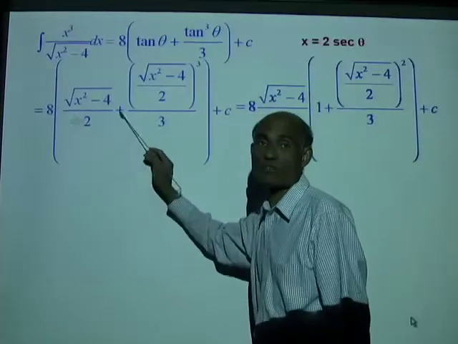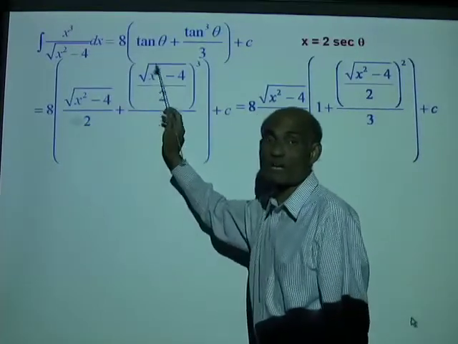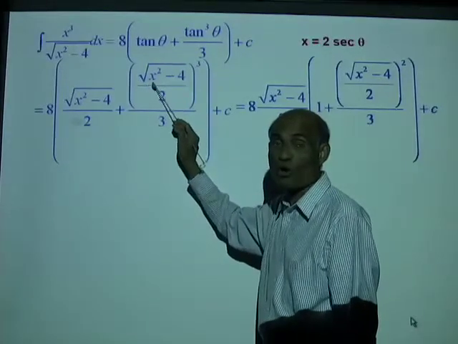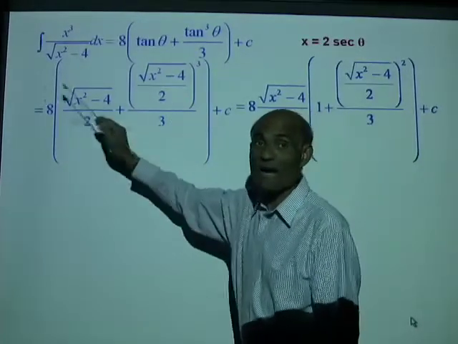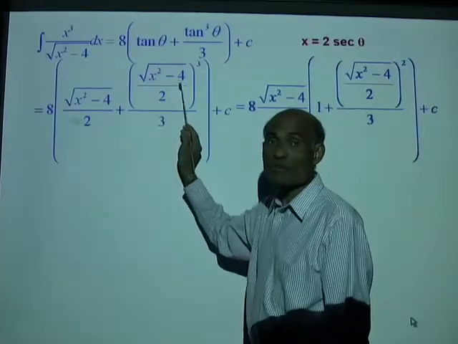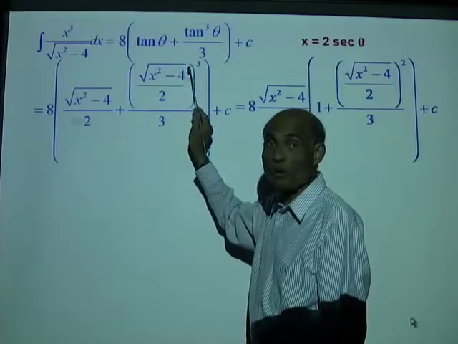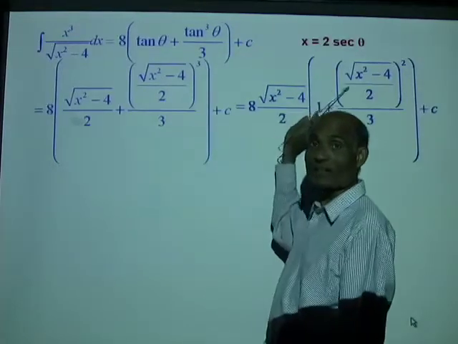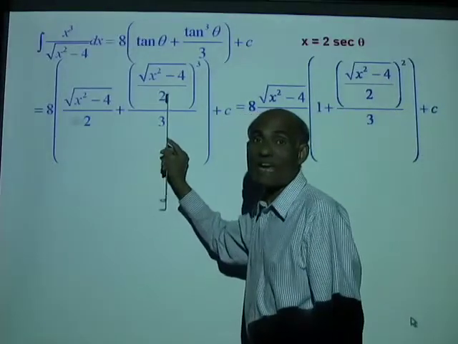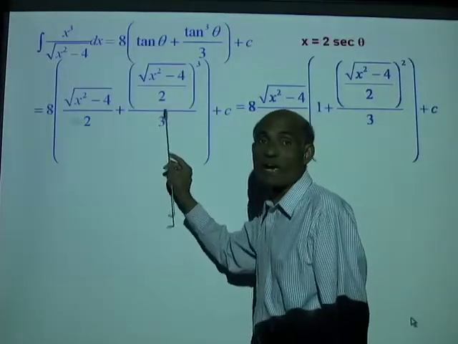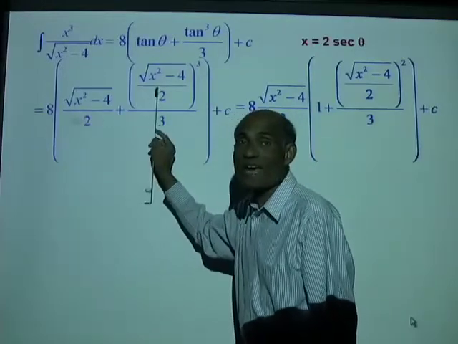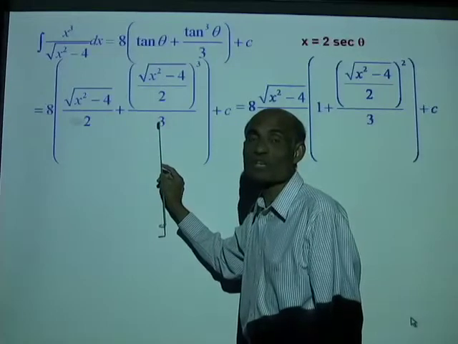There is a square root x squared minus 4 over 2 here, and there is a square root x squared minus 4 over 2 there. When you factor that out, there will be a 1 left here, and a square root x squared minus 4 to the power of 2 will be left there. There you go. This is just like a plus a cube over 3, and you factor out an a, you get 1 plus a squared over 3. That's what is in here.